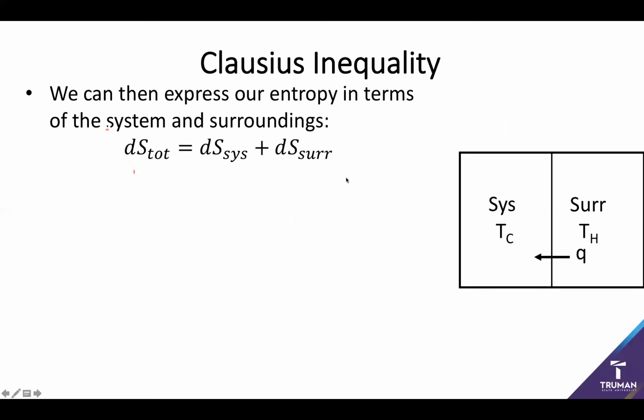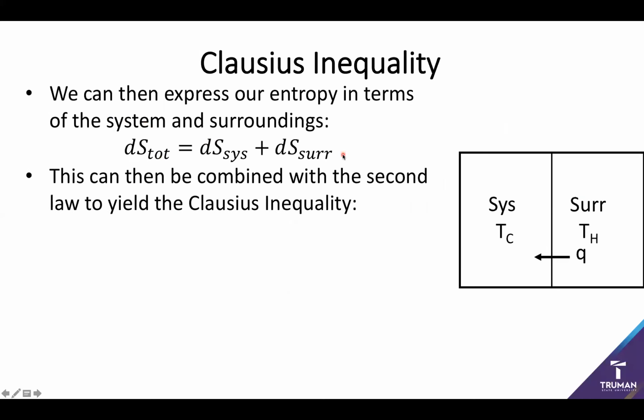By dividing it up into the change in entropy of my system plus the entropy of my surroundings, we can then go ahead and combine this with the second law of thermodynamics, which essentially says that in order for a process to spontaneously happen, so I don't have to put in energy, it has to be greater than 0. And this yields what's called the Clausius Inequality, where my total entropy can be defined as the sum of my system and surrounding entropy, and this has to be greater than 0.